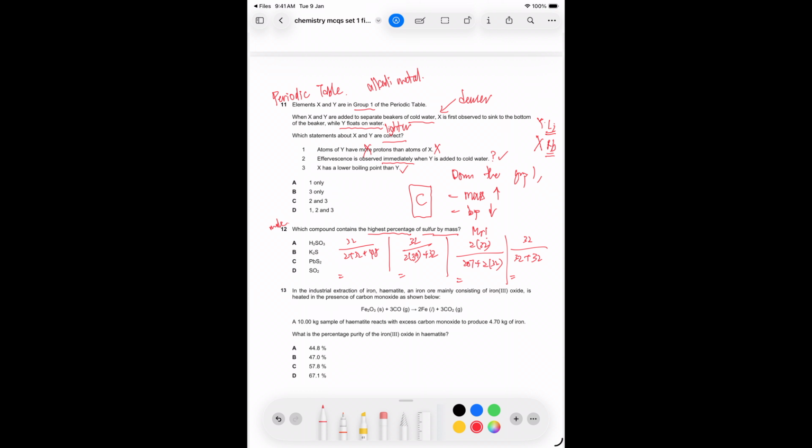Just press your calculator one by one. I think the answer should be D. This is like 0.5, which I believe is most likely the highest. If you want, you can try A, B, C and D. You can multiply by 100 for everyone, but you can just do it in ratio, that's fine. So the answer will be D.